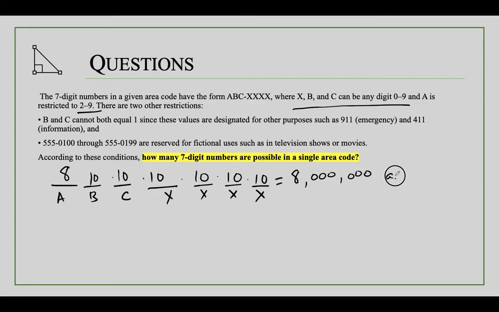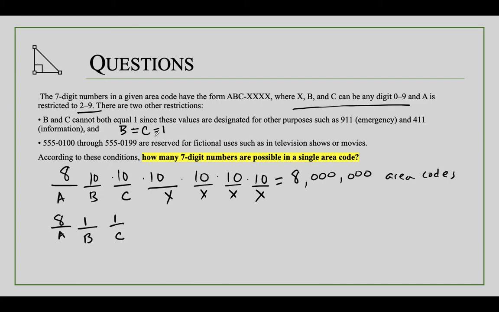Okay, and now we got to take care of those exceptions. So B and C cannot both equal 1. Okay, so that would tell me that if B is 1, that means I chose only one option, and C is 1, I chose only one option. I'm writing 1 because it's suggesting that B equals C equals 1.